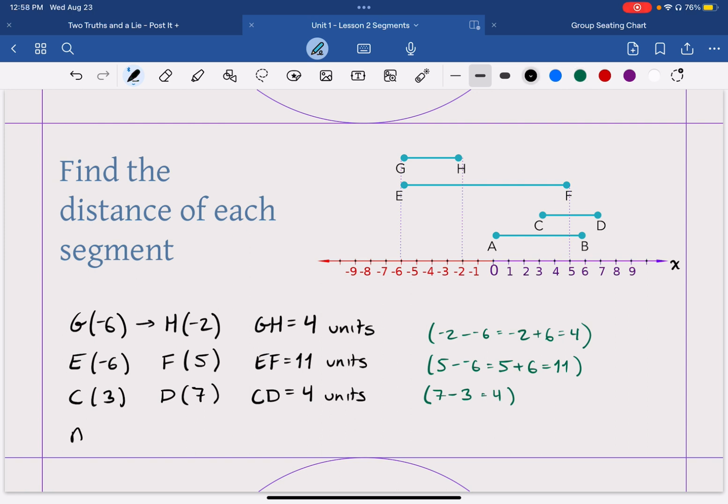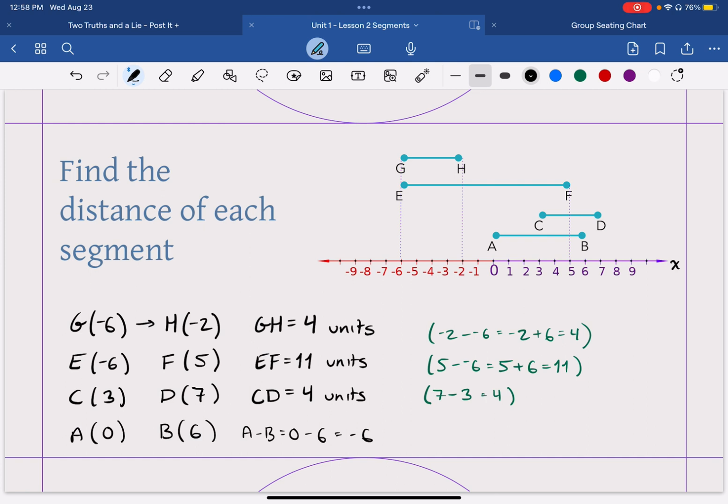Okay, so if we have A, which is going to be 0, and we have B, which is going to be 6. Well, what if we do A minus B? Which is essentially going to give us 0 minus 6, which equals negative 6. Uh-oh. We have a negative measurement. We can never have a negative length.